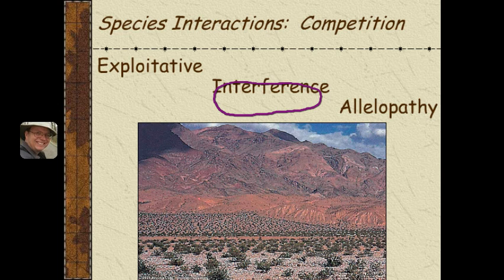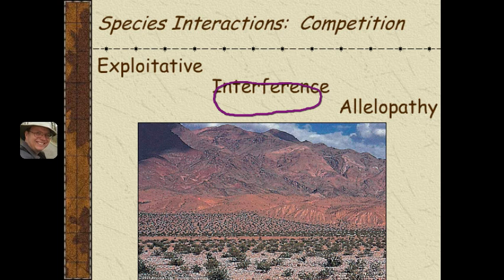And if one organism can prevent another organism from utilizing the resources, even though it might not be any more efficient, but if it can physically block or interfere with the other species, then it's going to be the one that gets to stay.